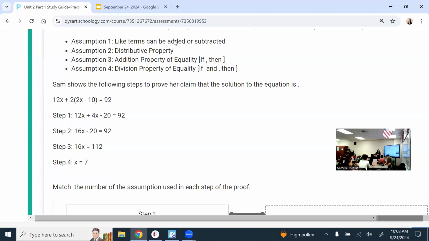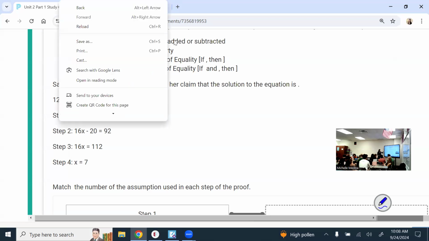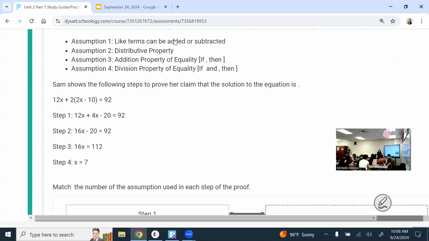What changed? I'm not saying you have to tell me what assumption it is. I'm telling you to tell me what is the difference from this one to this one. Literally what changed, what's not there anymore. Okay, this disappeared. What do they do here when it's set up like this to make it disappear?